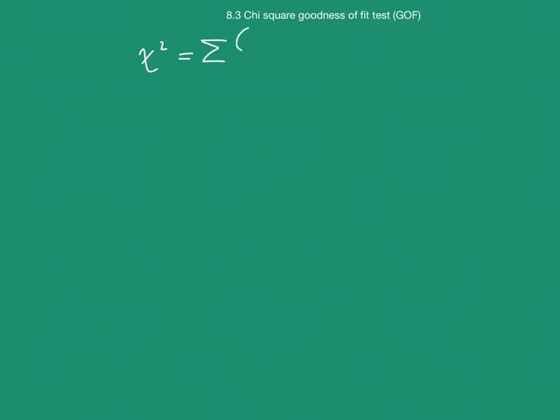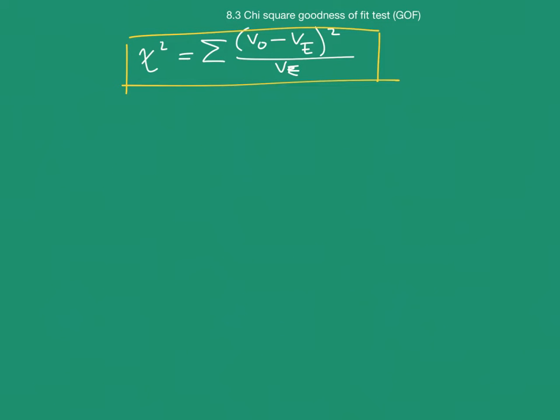It's the sum of the observed value minus the expected value, squared, divided by the expected value. So we use this formula for both tests.